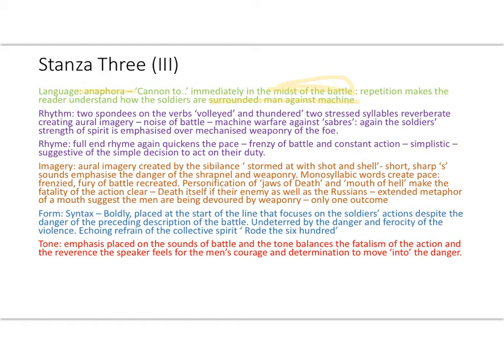The machines. There's nothing that the men can do with the cannon to the left of them, cannon to the right of them. So we have a real sense here through the use of anaphora how in the midst of battle the men are surrounded, that it's man against these mechanised means of war, that will ultimately be disastrous to the men who are surrounded.